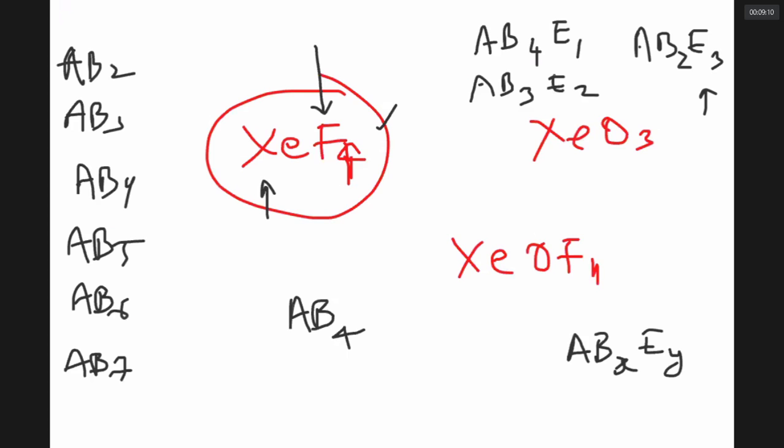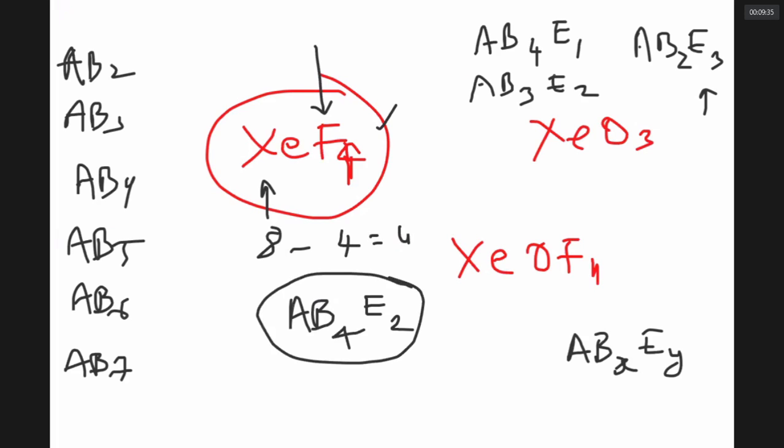Each bonded atom uses 1 electron; however, if oxygen is bonded, that takes 2 electrons. So xenon has a total of 8 electrons, out of which 4 are used. The remaining 4 means there are 2 lone pairs. So XeF4 is an AB4E2 type molecule. Can we do this?